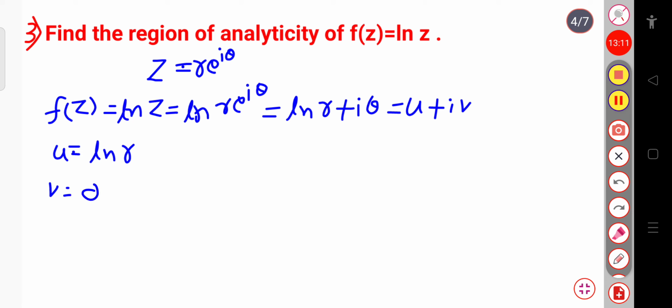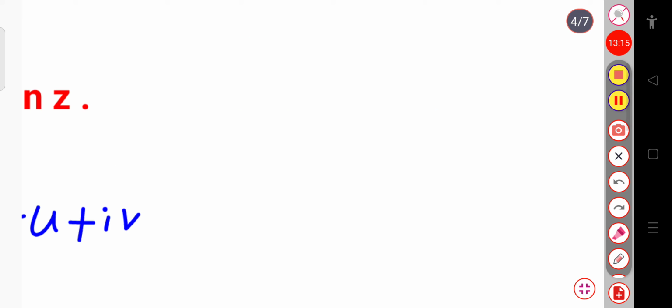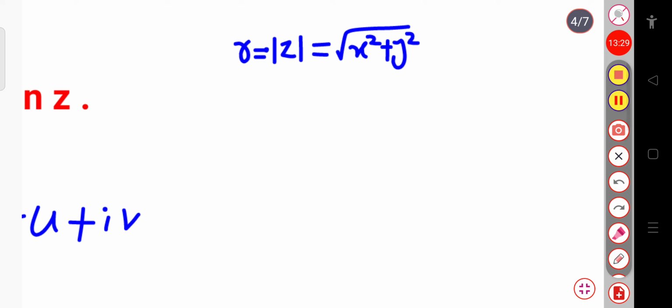Okay. If you remember, in the previous classes we have already discussed that r equal to mod z, which is equal to the root of x square plus y square, and θ equal to tan inverse y by x.